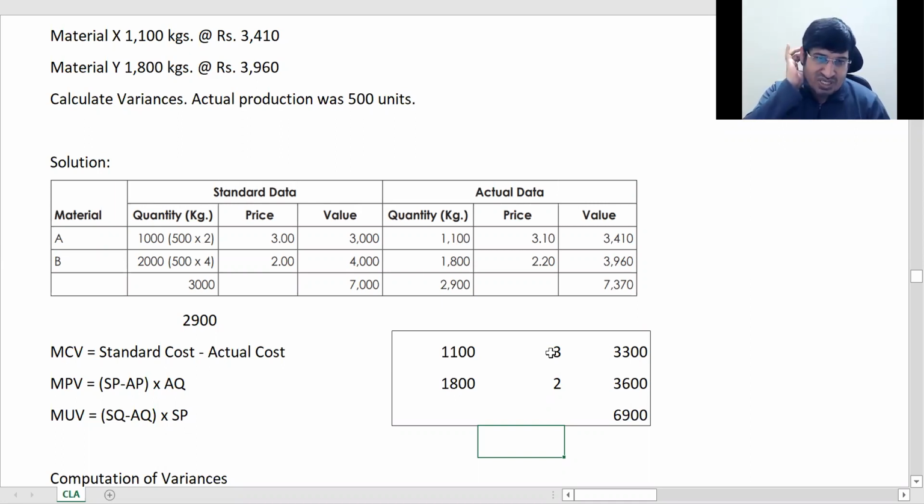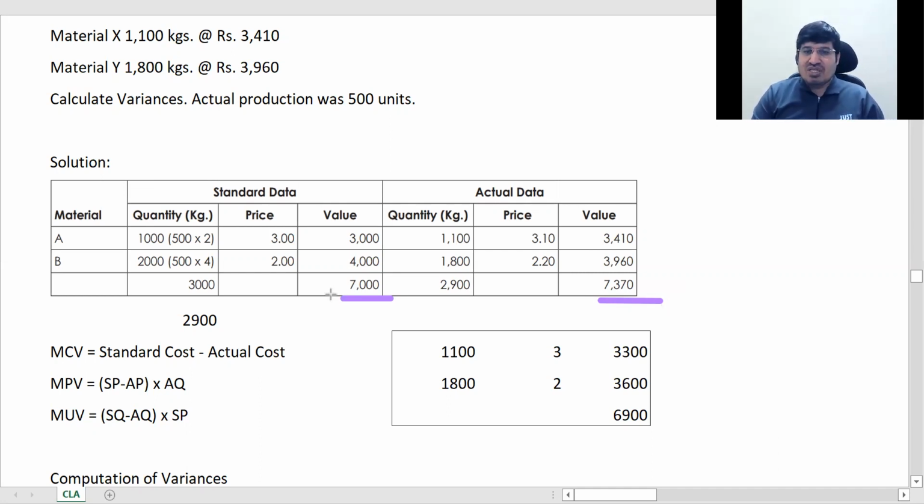ओके, सो सबसे पहले, अब हम बोल रहे हैं ये आपका स्टैंडर्ड है और ये आपका एक्चुअल है, करेक्ट? So this difference between 7000 and 7370. Okay, 7000 minus 7370 is 370. ठीक है, कौन सा ज्यादा है? एक्चुअल ज्यादा है ना, तो एक्चुअल ज्यादा है तो एडवर्स बोलते हैं उसको.